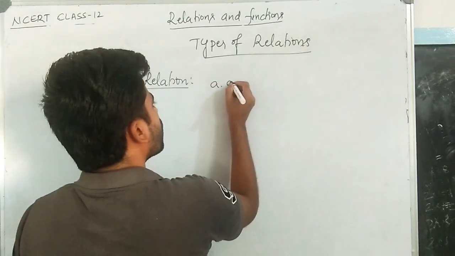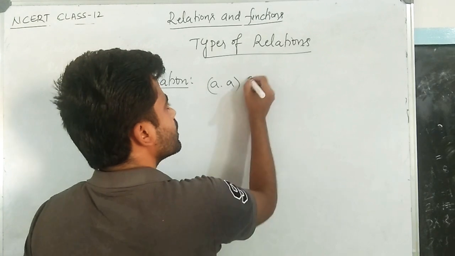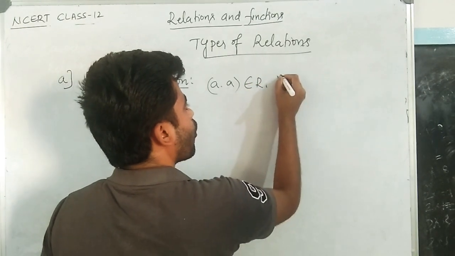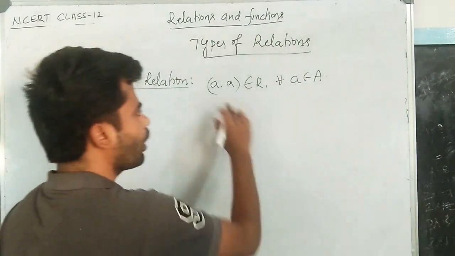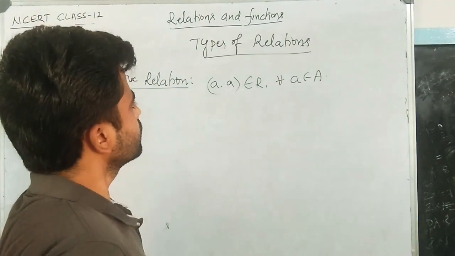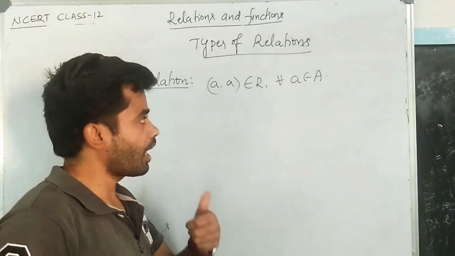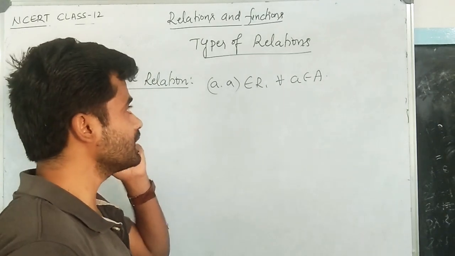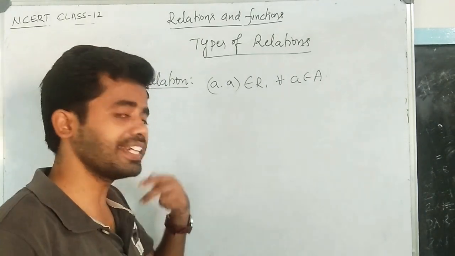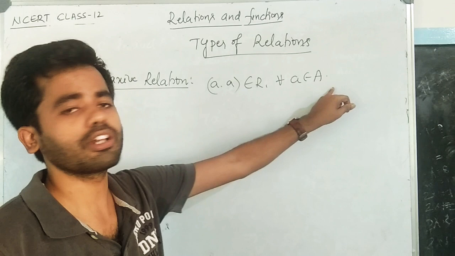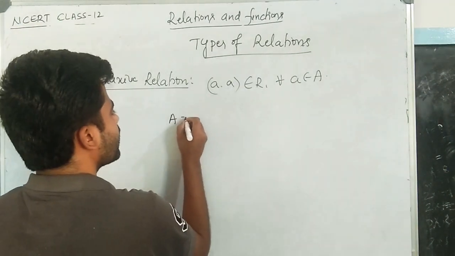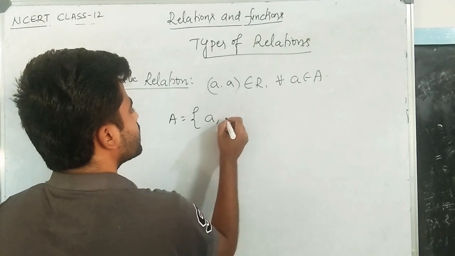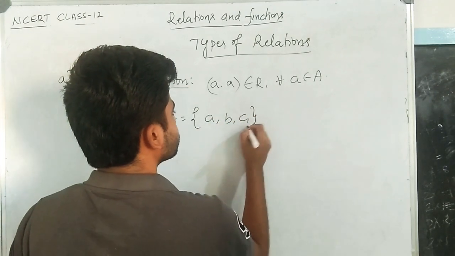The set of ordered pairs in the relation for all a must belong to set A. What does it mean? The relation I defined is satisfied by each element itself, for all the elements of A. For example, I will take one set A.